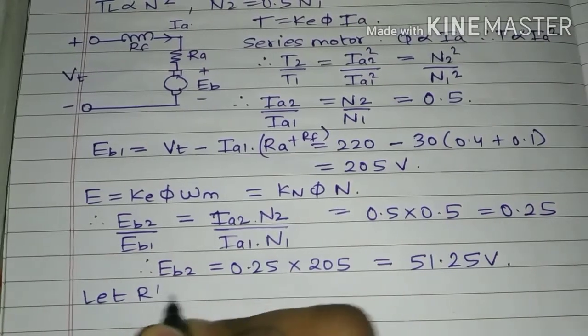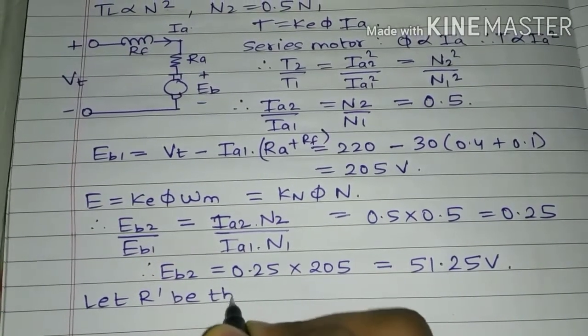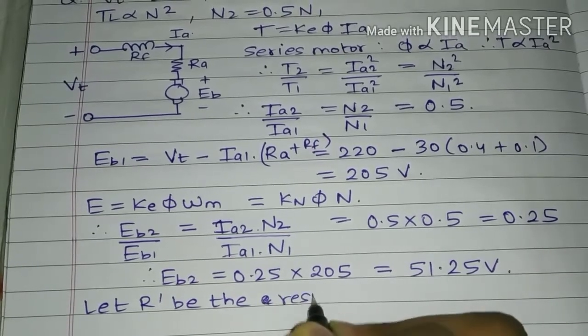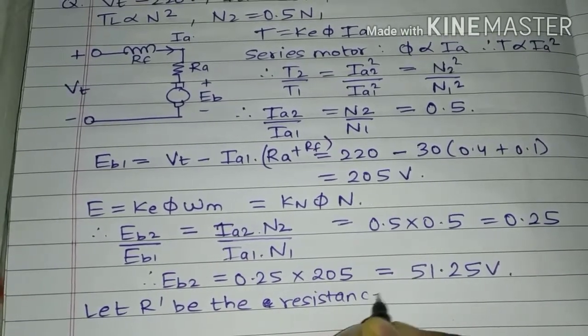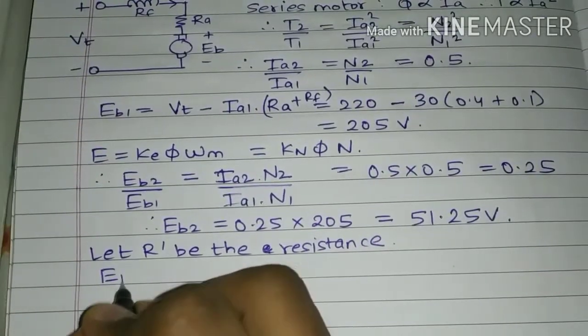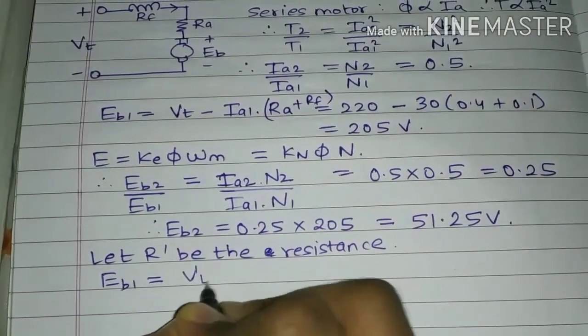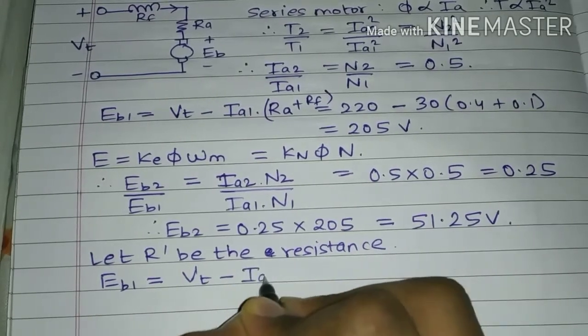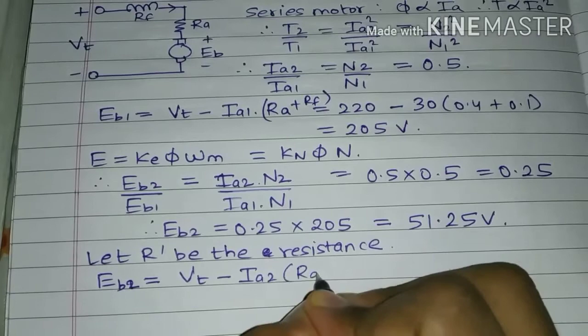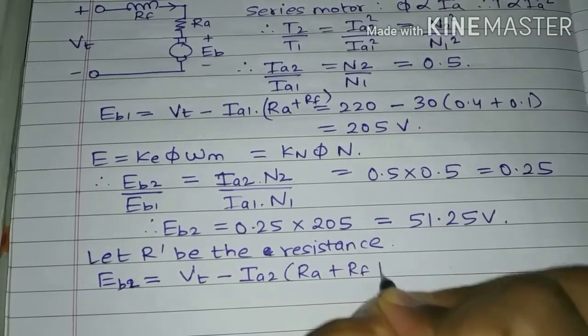Now let R dash be the resistance to be added in the armature circuit. Hence we can write Eb2 is equal to Vt minus Ia2 into Ra plus Rf plus R dash.